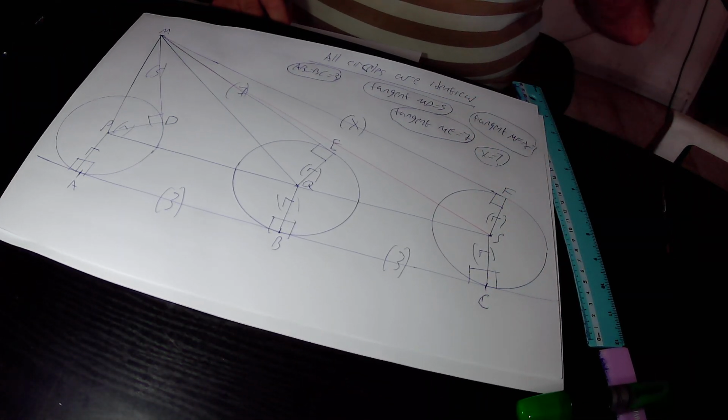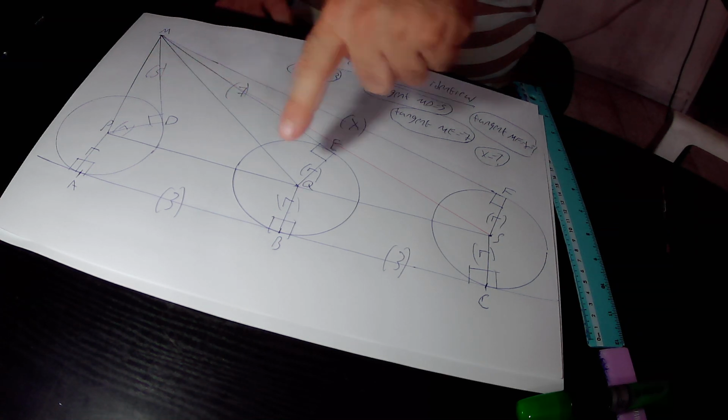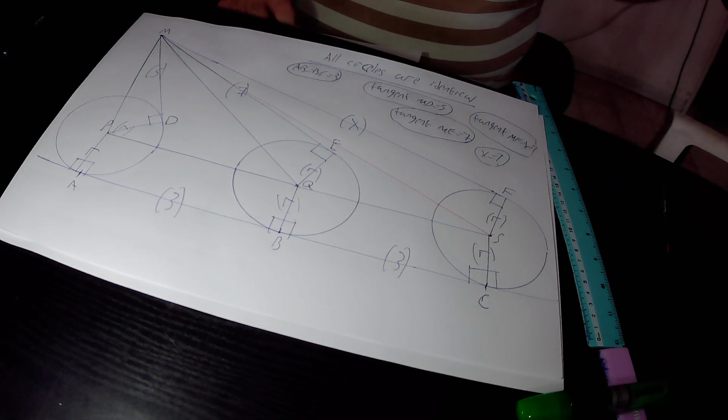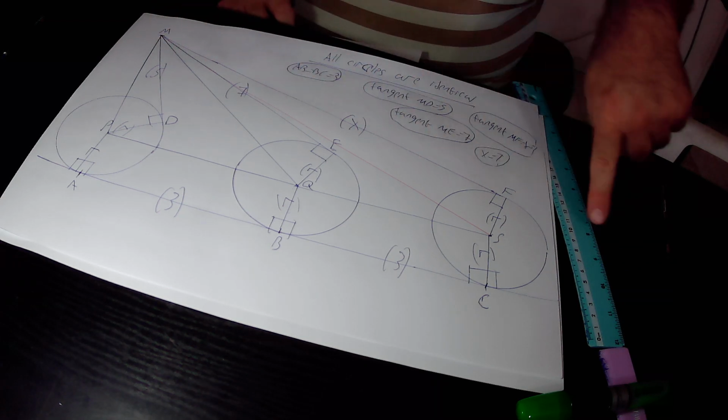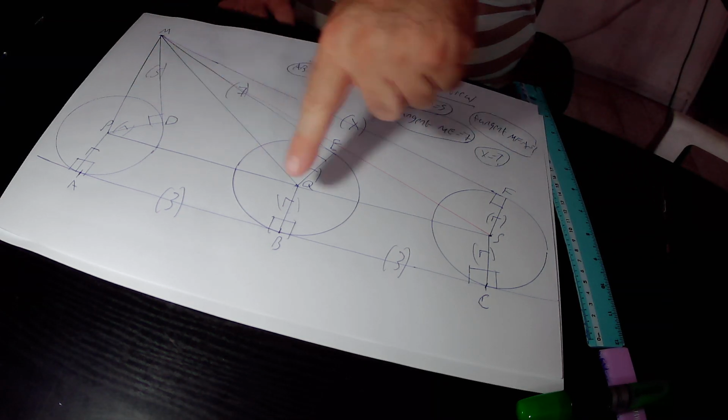And exactly because of the same reason that the 3 points P, Q, and S are at the same distance from the straight line ABC, the straight line PQS is parallel to the straight line ABC.